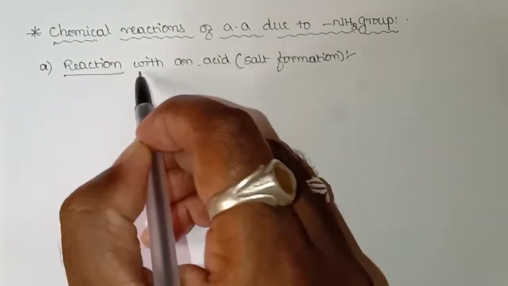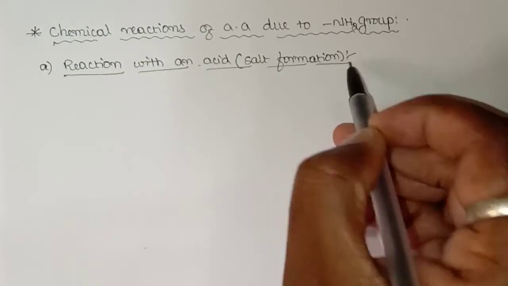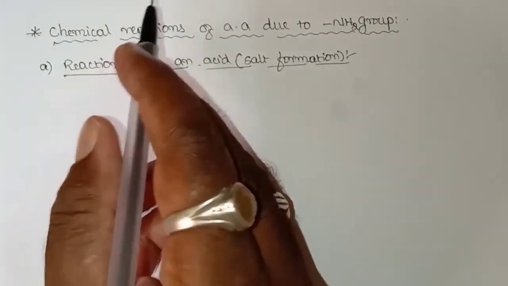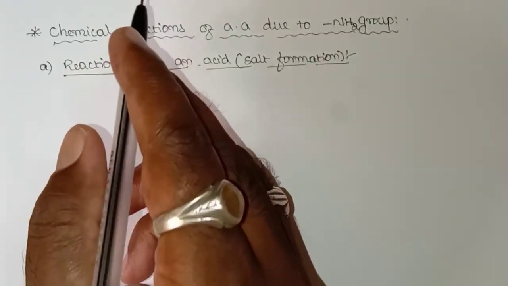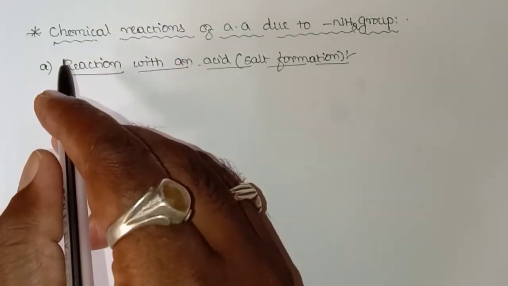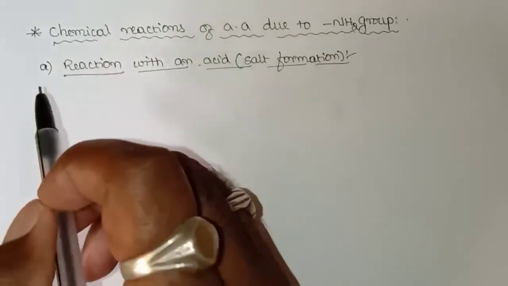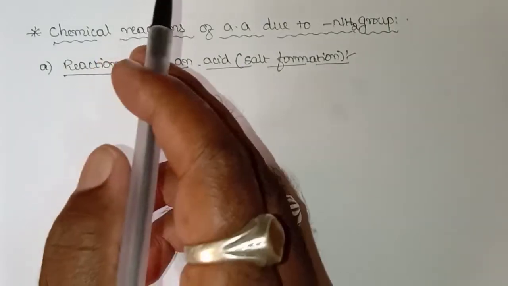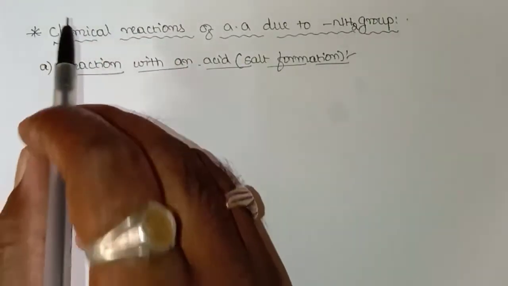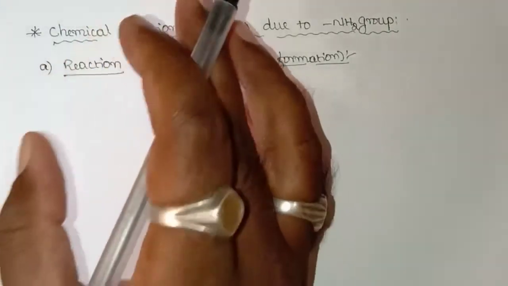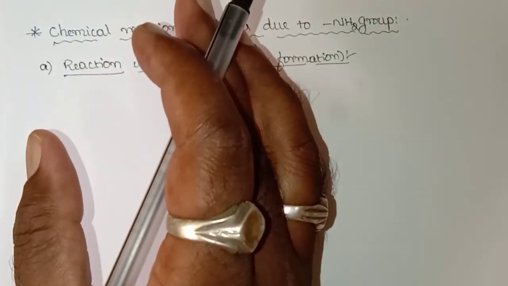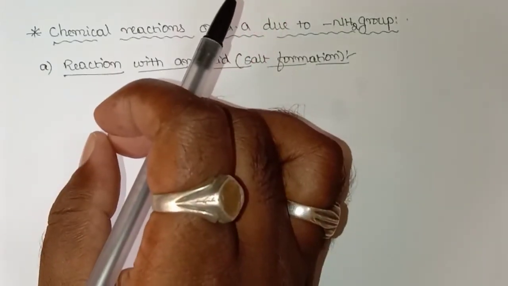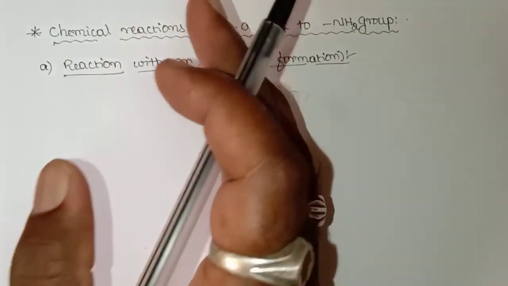So now we shall see how the reaction occurs between amino acid and acid. If you consider an amino acid reacting with a normal mineral acid, that is HCl preferably, we are not going with H2SO4 or HNO3. The reason for not using H2SO4 or HNO3 is that sulfuric acid and nitric acid are very strong oxidizing agents, as well as charring agents.